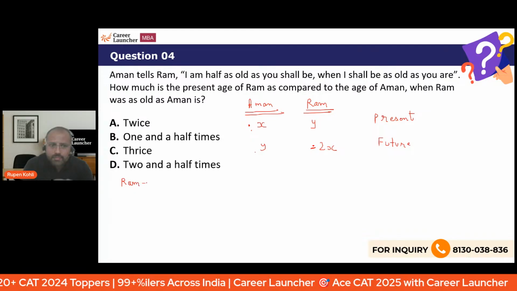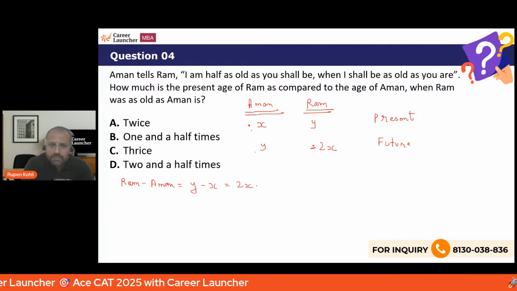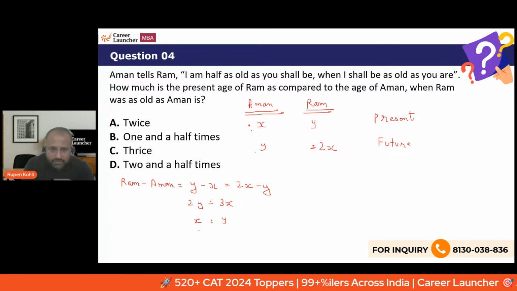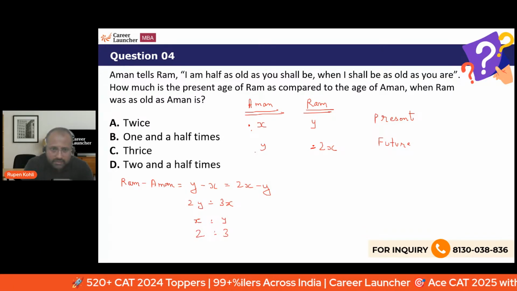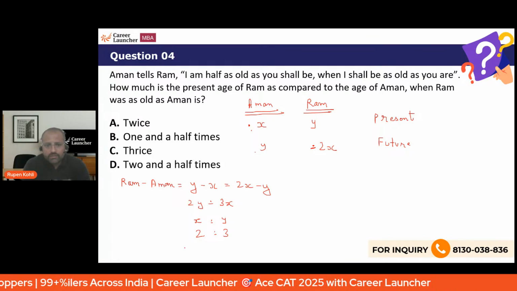So Ram minus Aman, which is y minus x from the present, should also be equal to 2x minus y from the future. So we are able to express from here 2y equals 3x, or x upon y is 2 upon 3, right? x upon y is 2 upon 3. So we can take x as 2k and y as 3k.